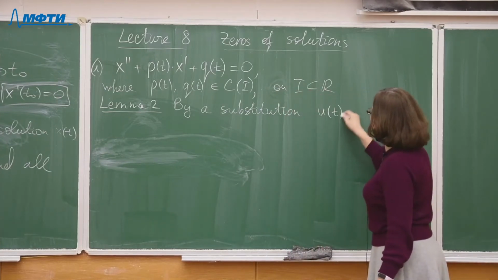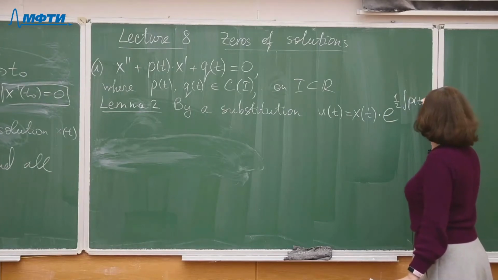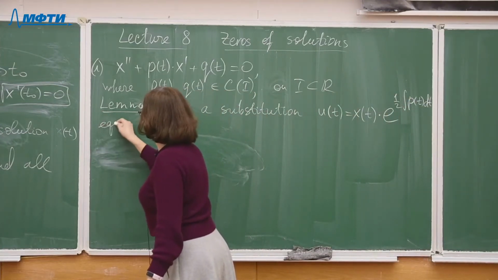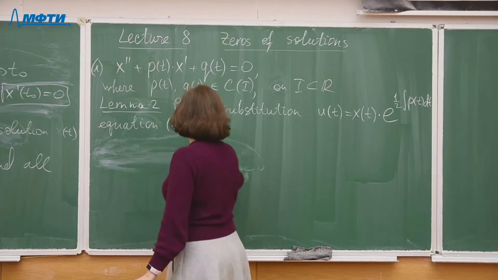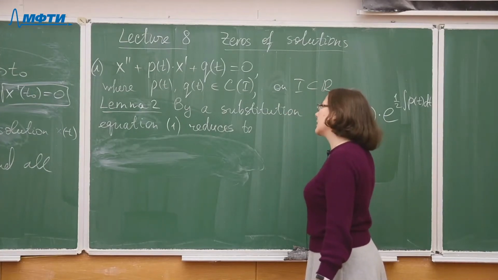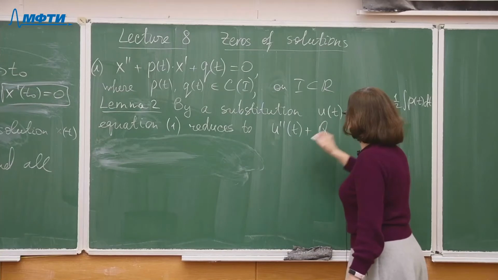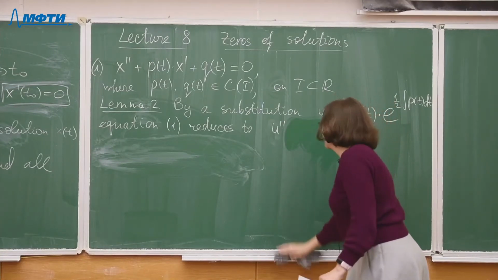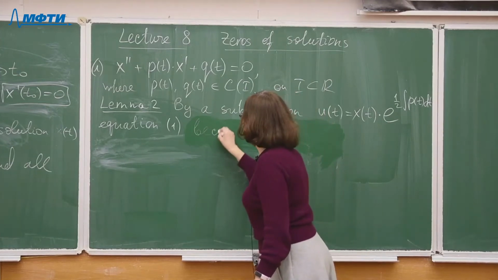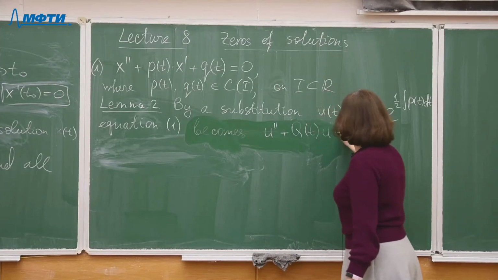So by a substitution, u of t is equal to x of t times e to the power 1/2 the integral of p of t dt, the equation 1 reduces to the equation u double prime plus something times u equals 0.